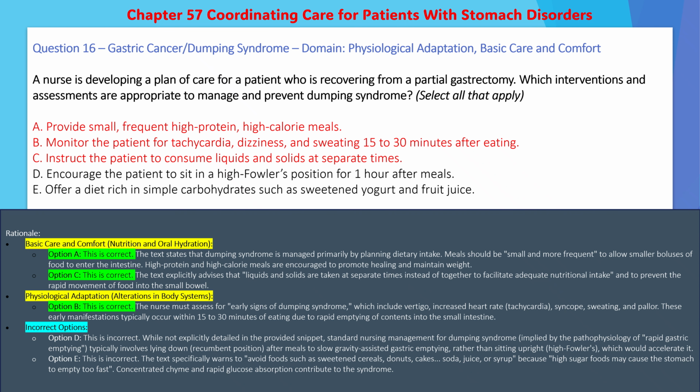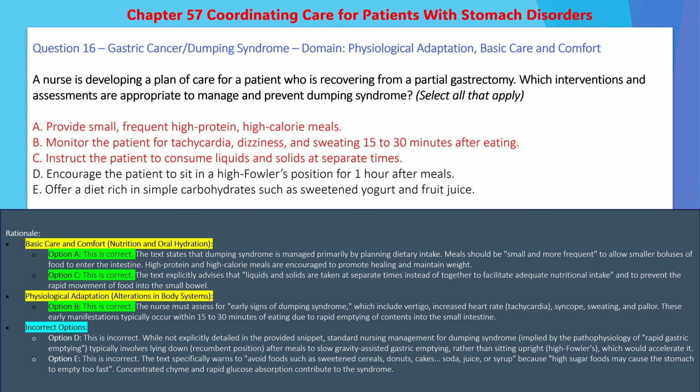In option A, the text states that dumping syndrome is managed primarily by planning dietary intake. Meals should be small and frequent and allow smaller boluses of food to enter the intestine. High protein and high calorie meals are encouraged to promote healing and maintain weight.